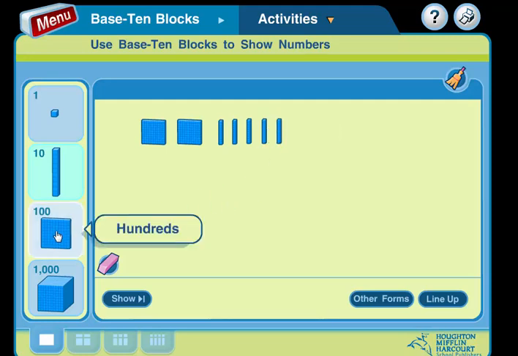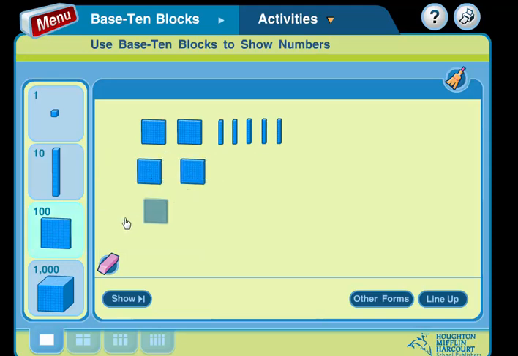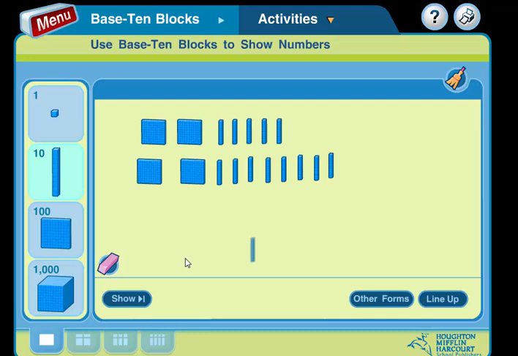And then I had 2.8. So here's 1, 2. And 0.8 is 8/10. 1, 2, 3, 4, 5, 6, 7, 8. Okay? So now when you're adding these together, these flats are going to be your wholes, and then these would all be tenths, okay?